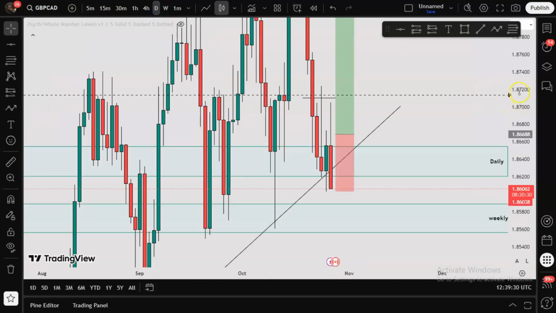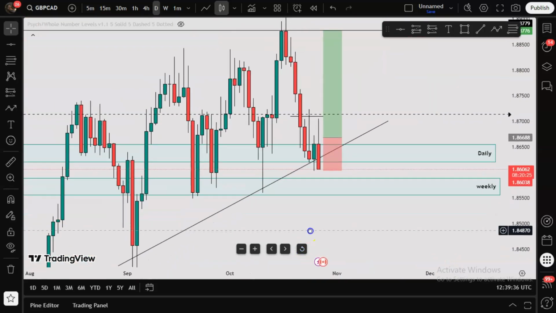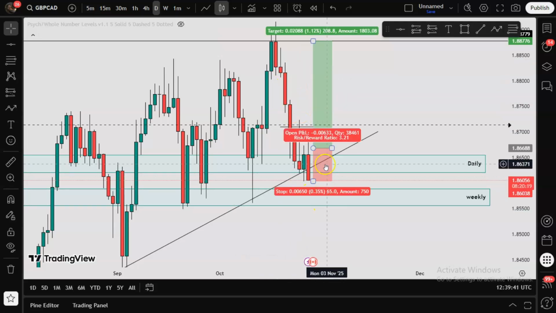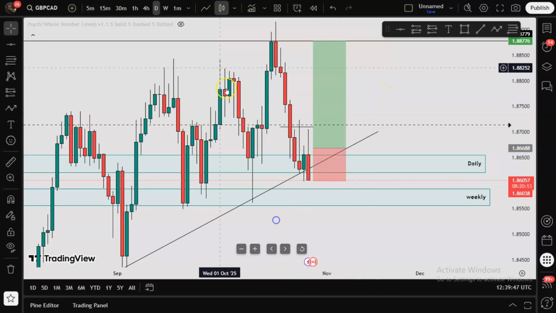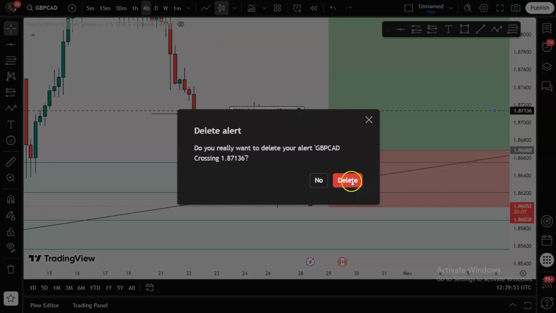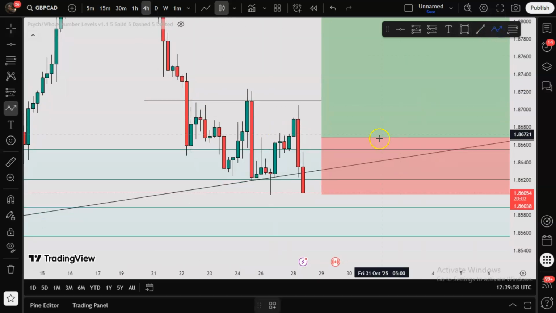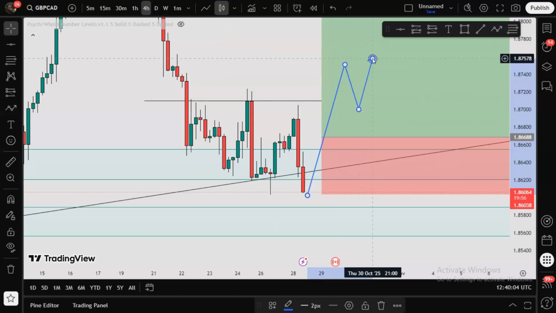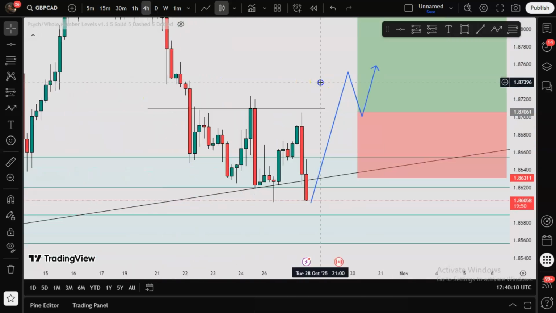On the weekly we are bullish, on the daily too we are bullish, and we are actually at its low, so automatically you have to go up, unless on the 4HR it fails to break this line over here. So what I'm actually waiting for is for it to break here, retest, and then we buy, we hop on it. This is what I'm actually waiting for.